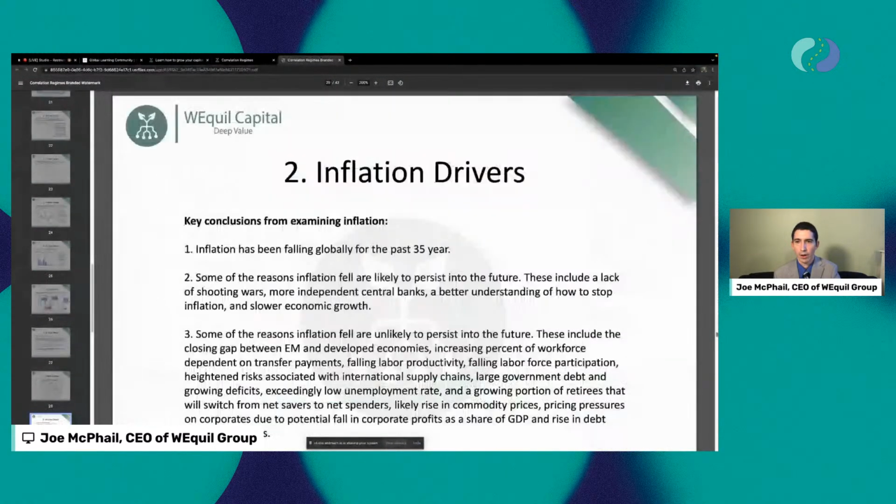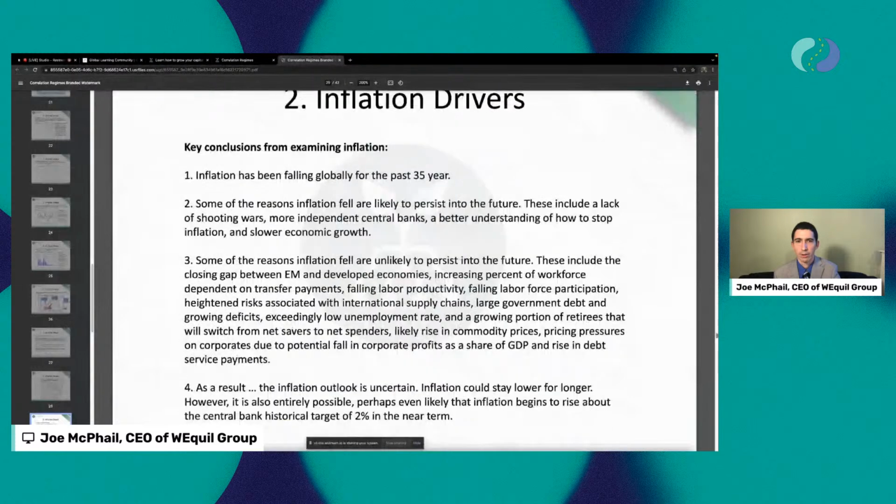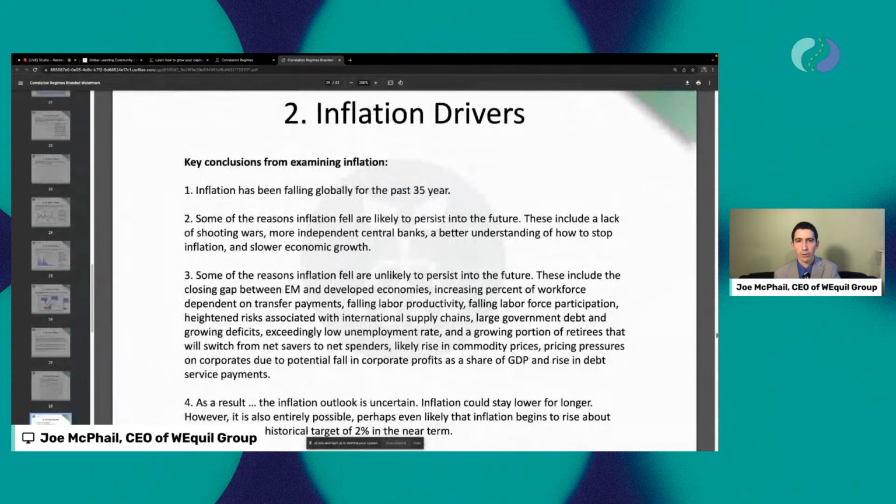Okay, and then there are quite a few other points here, but let's go ahead and just touch on these key inflation drivers. Inflation's been falling for 35 years. That's one of the reasons why we thought it was so important to put together this deck, with all these various details, so that we could be ready to go if we started to see this inflation regime turn.